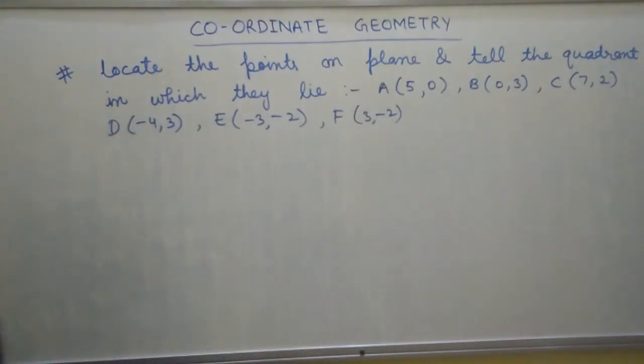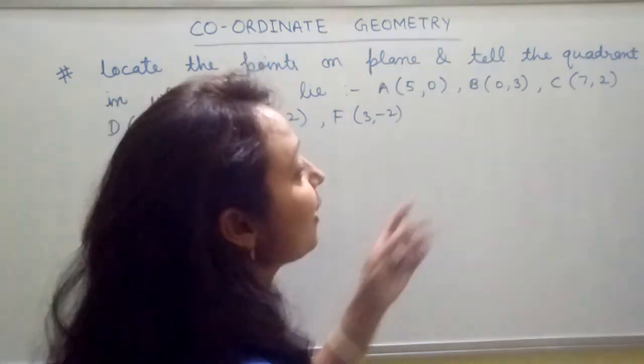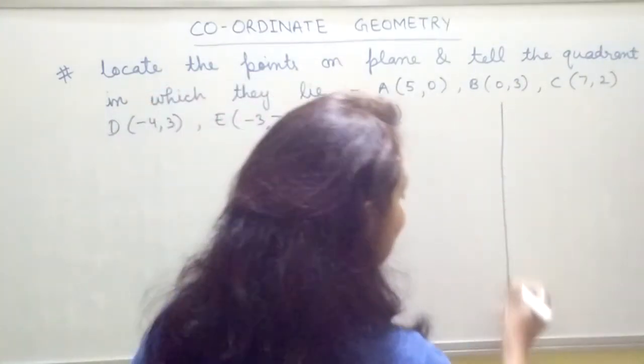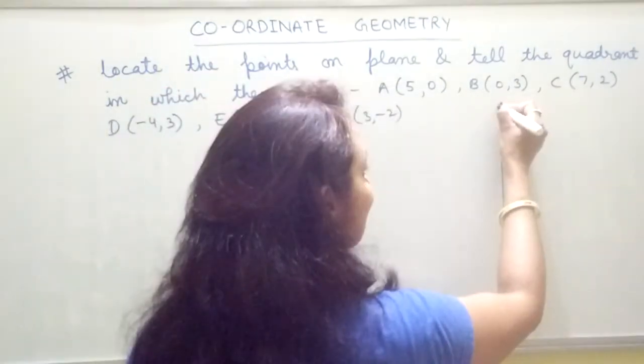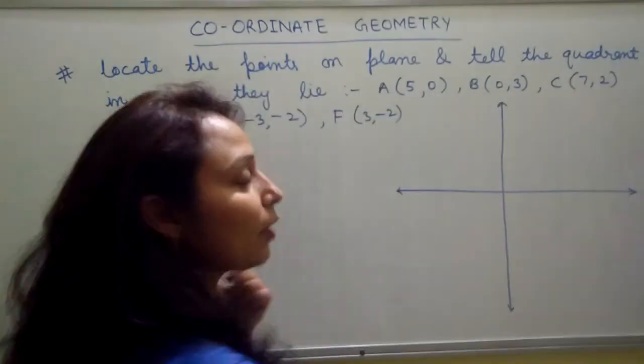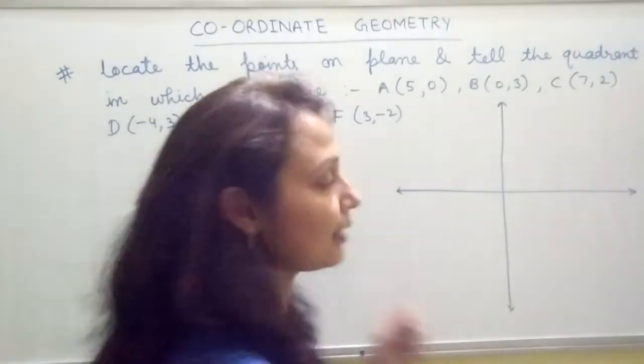You have to plot these points and you should have an idea of the quadrants also. I will make the axes like this, but you should use graph paper to plot the points. I have only a rough sketch for your understanding.